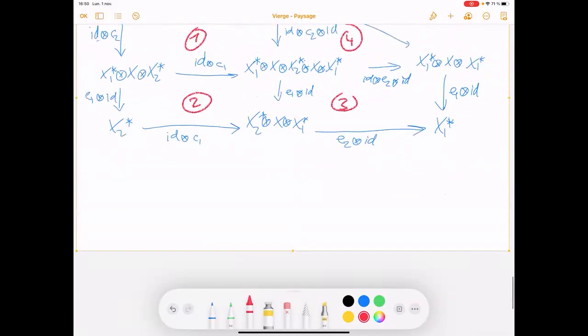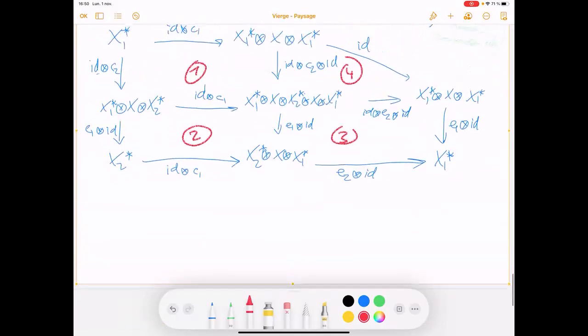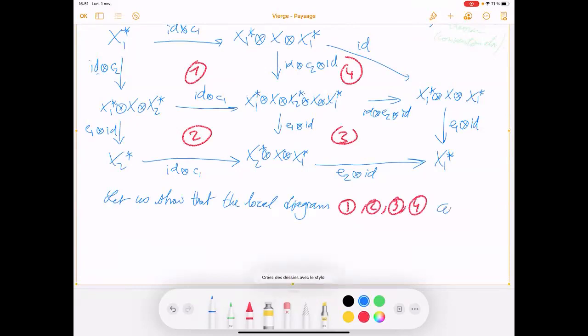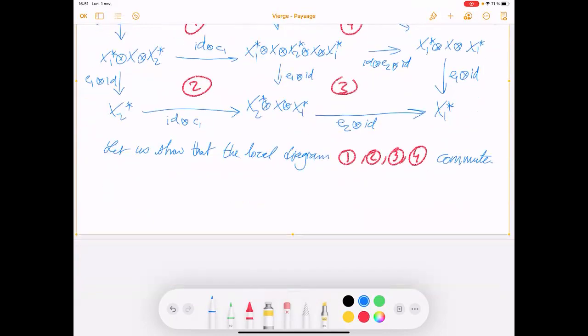Let us show that the local diagram 1, 2, 3, 4 commutes. So what about 1?